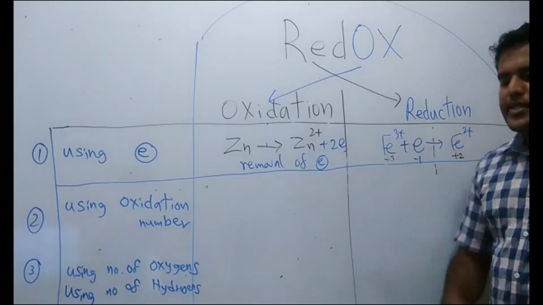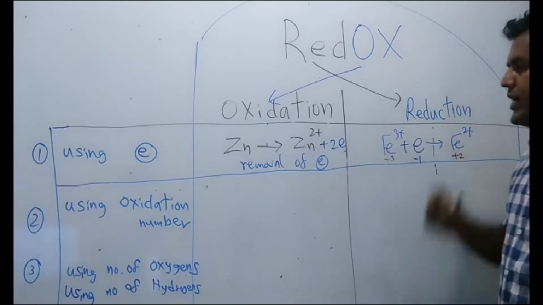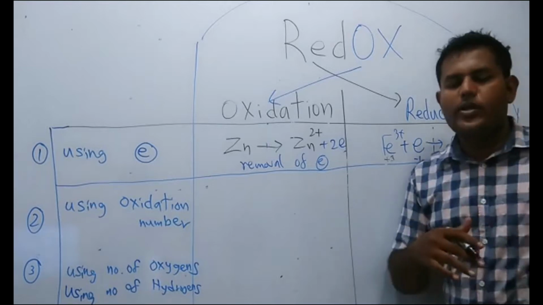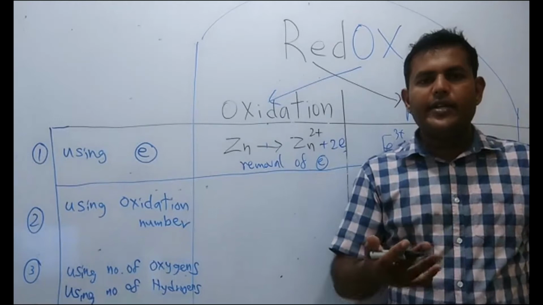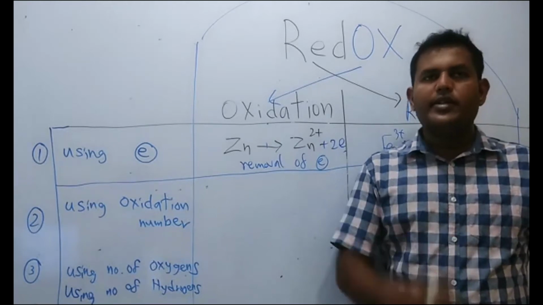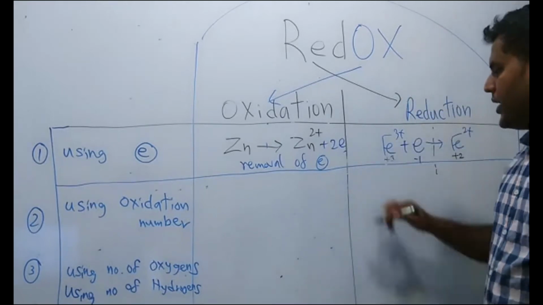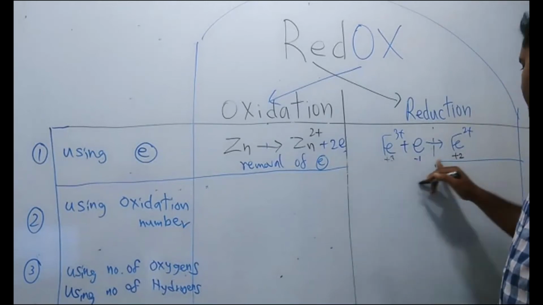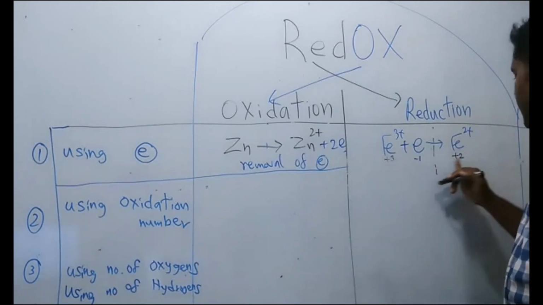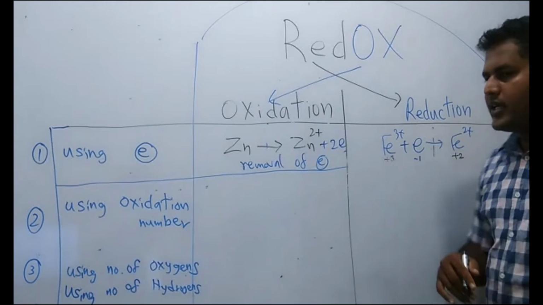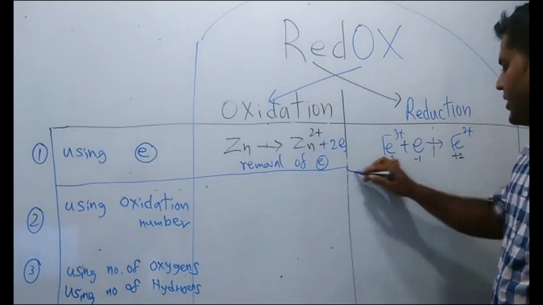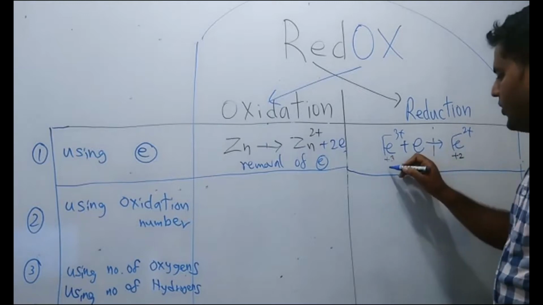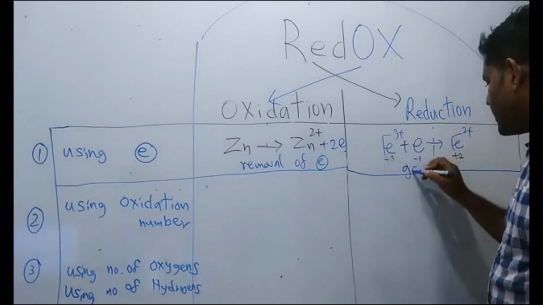So that means it is acceptance of electrons, gaining electrons. If I am gaining electrons to myself, I am undergoing reduction. So you should understand reduction as acceptance of electrons, simply gaining of electrons.